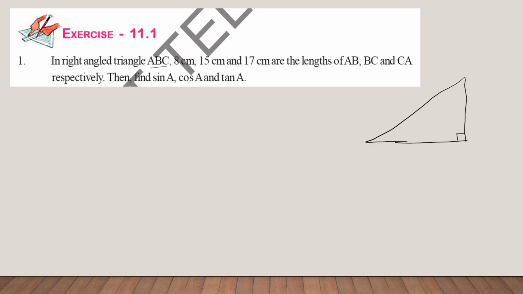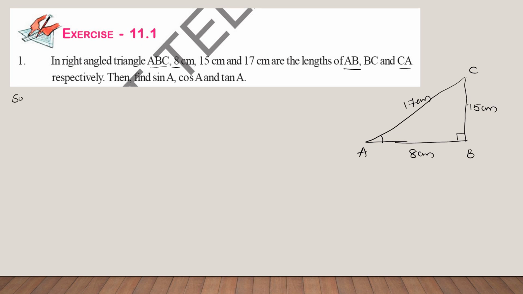Suppose I consider these as A, B and C, and with respect to this angle we need to find sin A, cos A and tan A. AB is 8 centimeters, BC is 15 centimeters, and AC is equal to 17 centimeters, as per the given conditions.